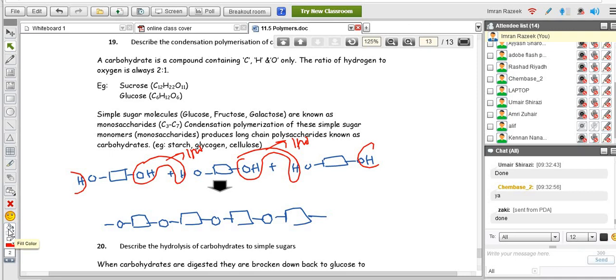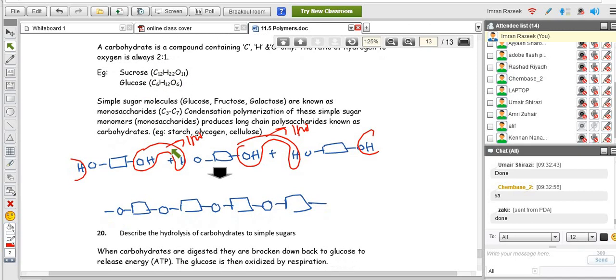So carbohydrate is a compound containing carbon, hydrogen, and oxygen. The ratio of hydrogen to oxygen is always 2:1. You can see glucose, the hydrogen and oxygen is 2:1, and sucrose and glucose are both 2:1.